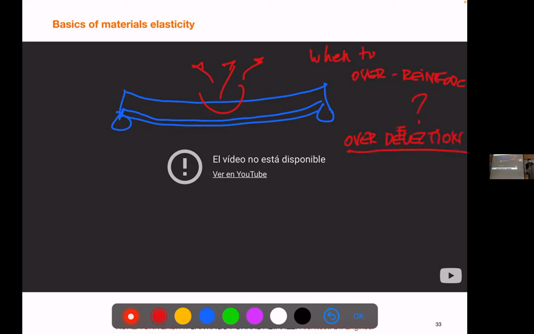I hope you can read. One thing we can do to avoid it is to increase the height. If we cannot avoid it, is to increase strength, right? Or stiffness. In concrete, it will be like adding more steel, right?